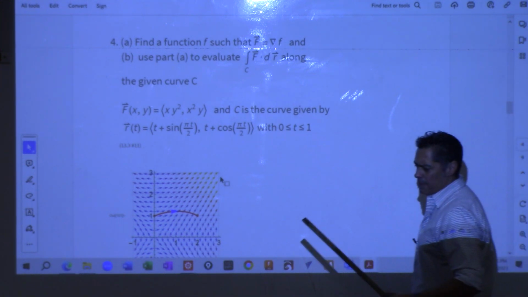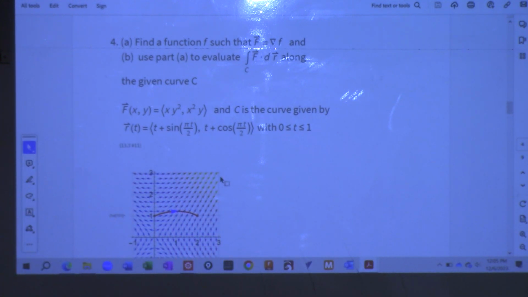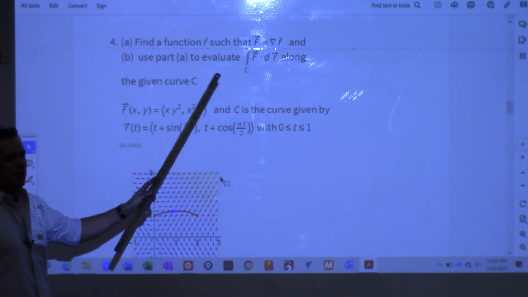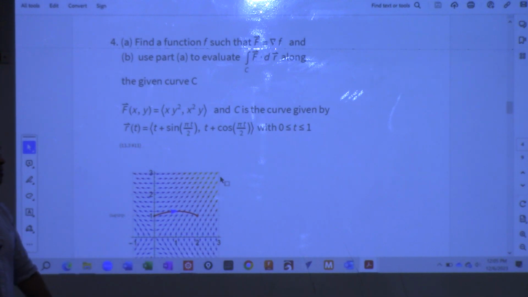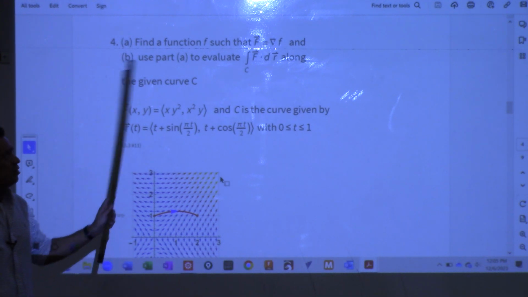That was called partial integration. We found little f. Then I said, use what you just got, little f, to find this. Don't use the little f to do anything other than find that. So that's a hint to you to not go grind this out the way you just did the previous problem. Use what you just did.